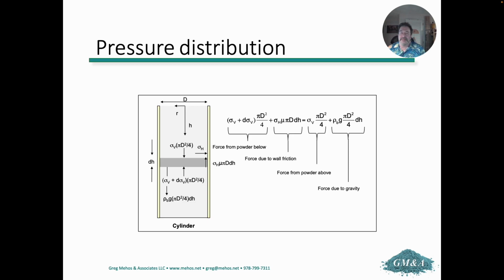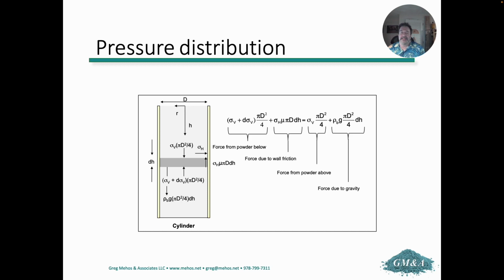By the way, there's both a sigma h and a sigma v, because powders are what you call anisotropic. The stresses are dependent on direction. They're not like liquids where the pressure is the same in every direction. It changes depending on what plane you look at. So now I'll have both a sigma v and a sigma h.